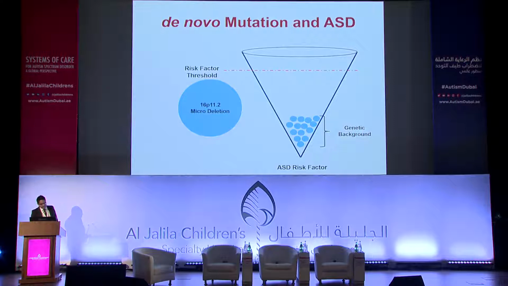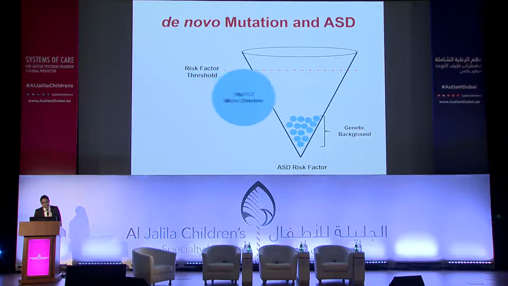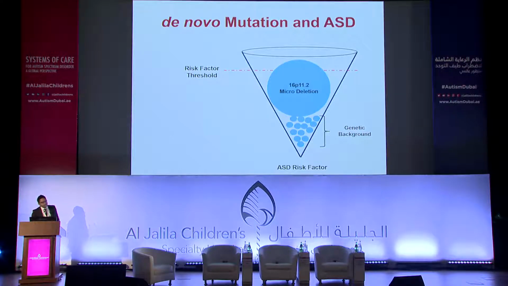So we have our genetic background that we carry with us, and that may expose us to some level of risk. But if you think of the risk factor as a cup, and there is a threshold for the risk factor, this de novo mutation, actually the rare mutation with high impact, when somebody carries this high impact de novo mutation, it crosses the risk factor threshold and manifests the disease.